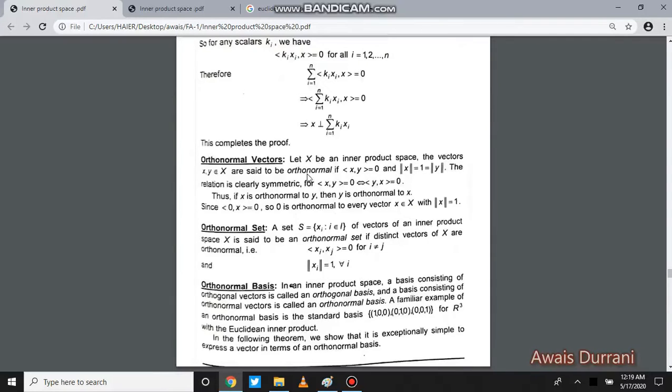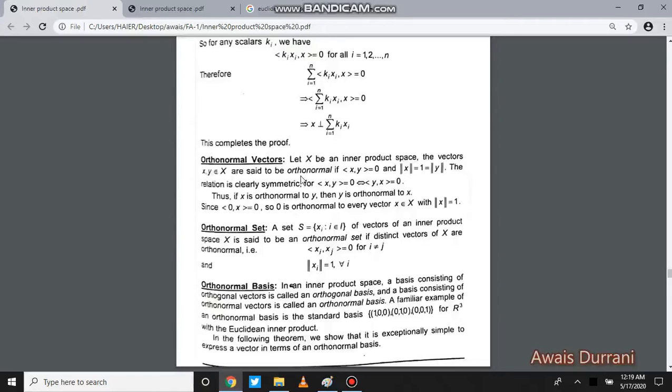So let's come to the proper definition, which says that suppose we have an inner product space X and we take two elements x and y from the inner product space X, and if their inner product is equal to 0 and also the norm of the first element is 1, and the norm of the second vector is 1, then we say that the two elements x and y are orthonormal.